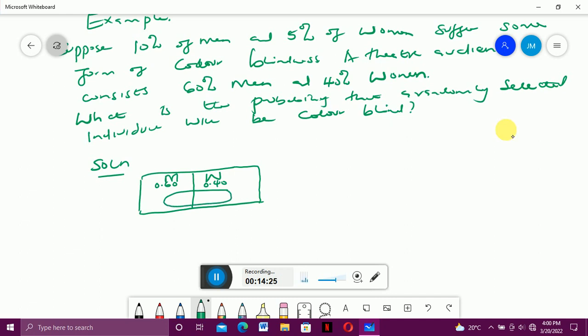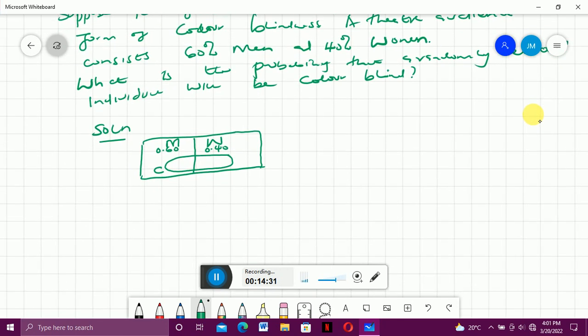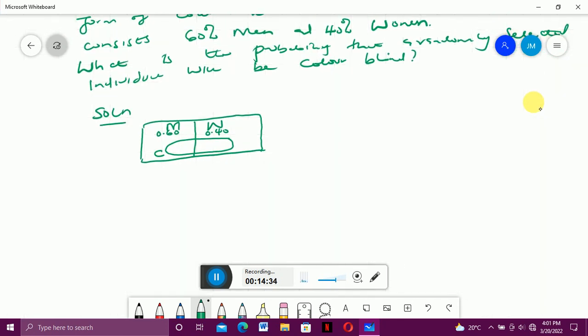So we have the set of men and the set of women, and in both cases, some are colorblind. We are told 10% of men are colorblind, so the percentage of colorblind men will be 0.1. The percentage of colorblind women will be 0.05 because we have 5%.